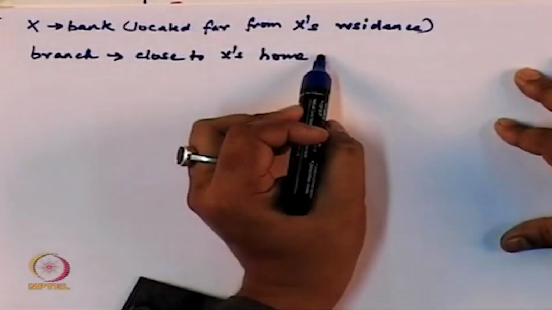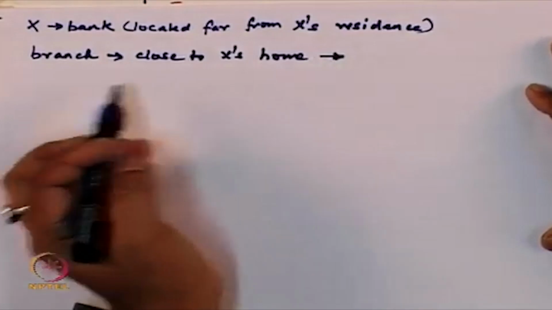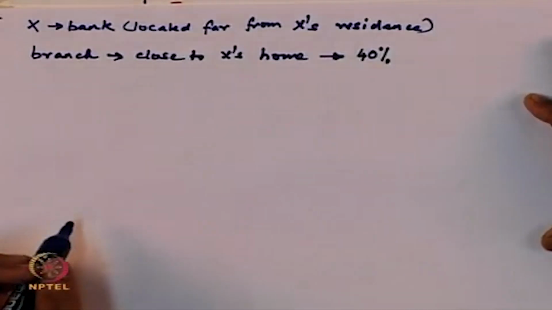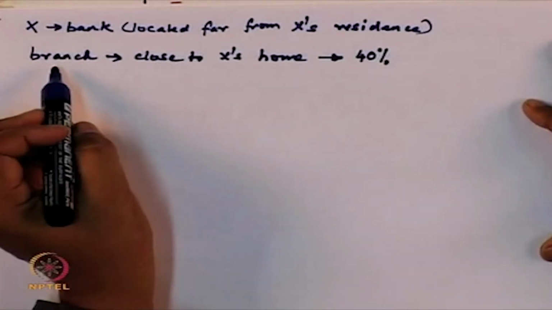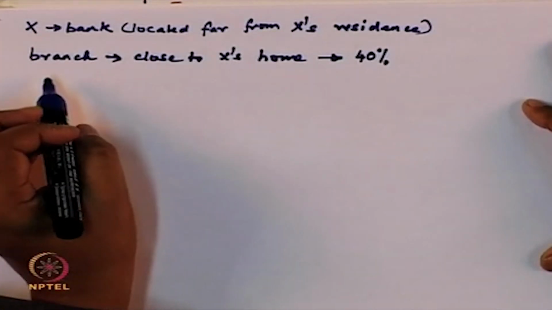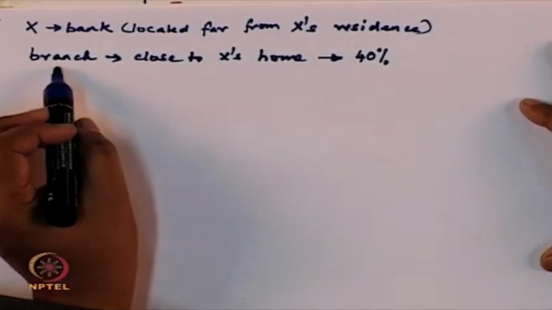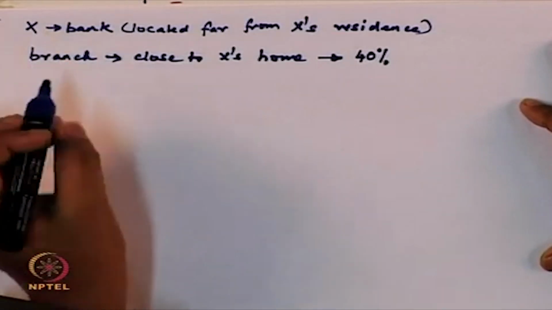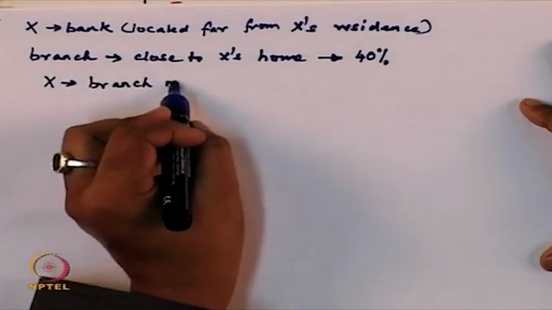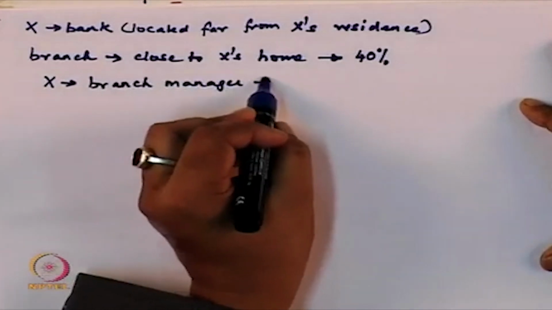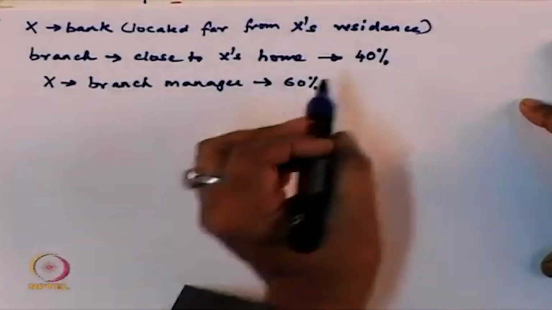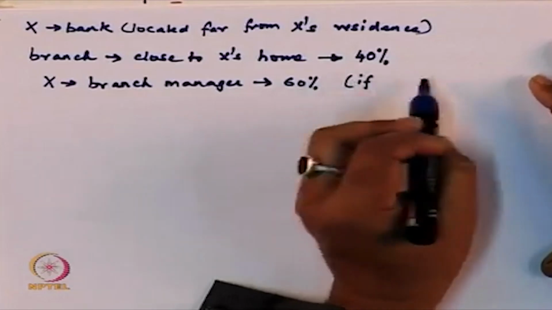Let us say the chance that the branch is opened close to X's home is 40%. And if the bank does open a branch close to X's home, let us say the chance that X becomes the branch manager is 60%. So, X becomes the branch manager with 60% if this particular branch is opened.